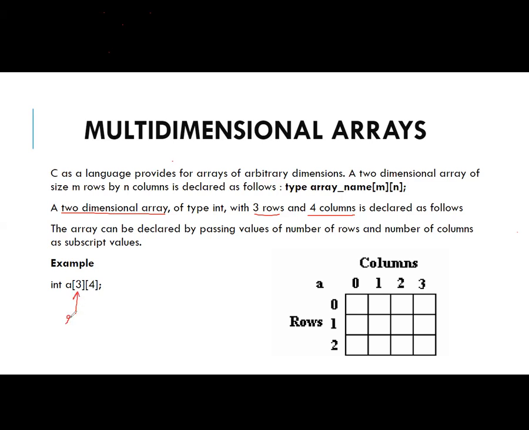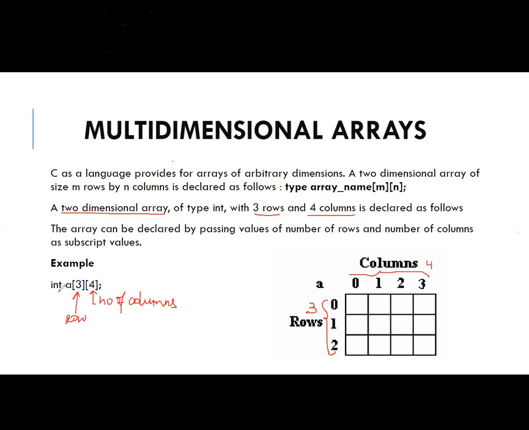One is giving you the size of the rows, that is the number of rows, and this will give you the number of columns. So as you can see here, the rows are 3 and the columns are 4. So that is what you have written here.